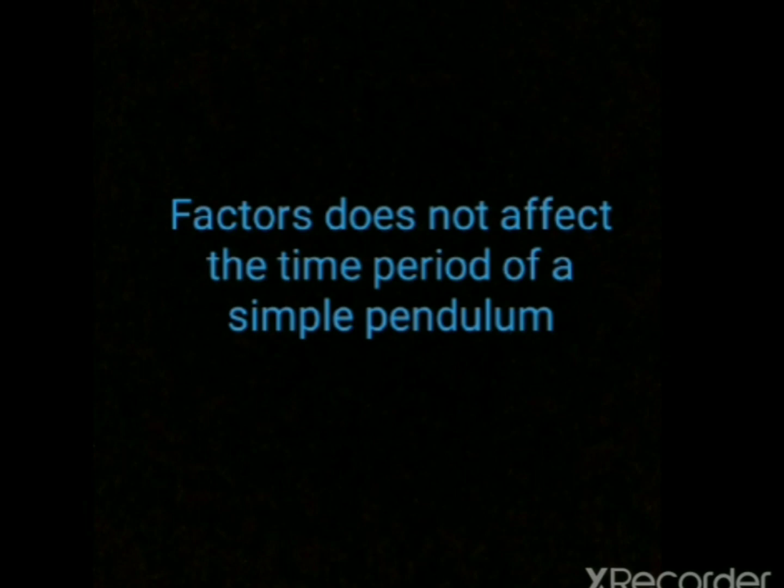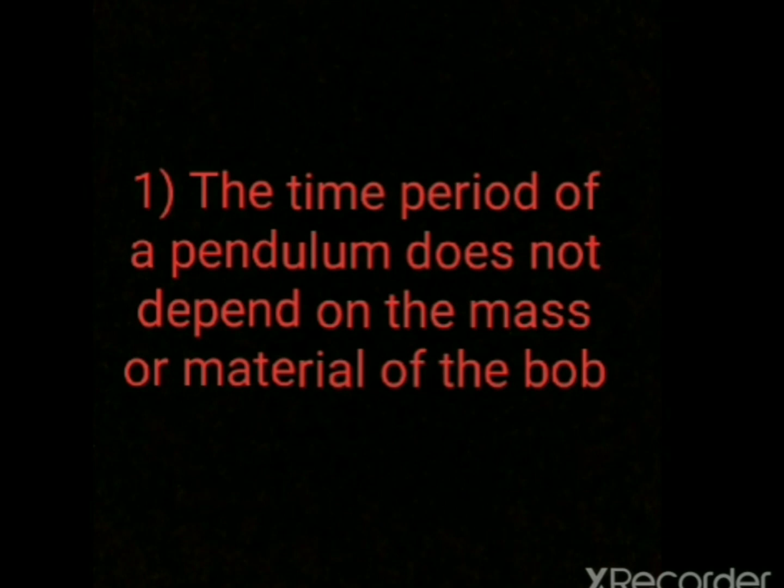Next are the factors which do not affect the time period of a simple pendulum. The first one: the time period of oscillation does not depend on the mass or material of the bob.